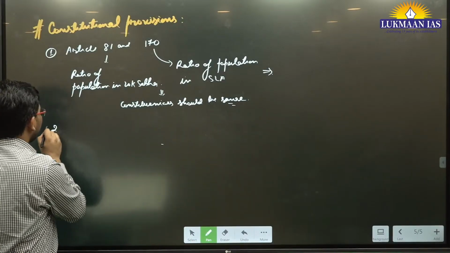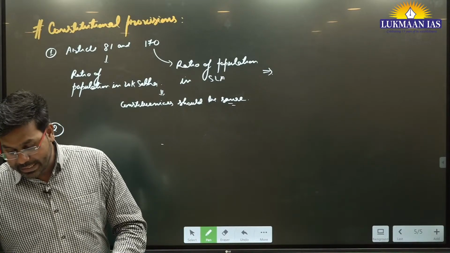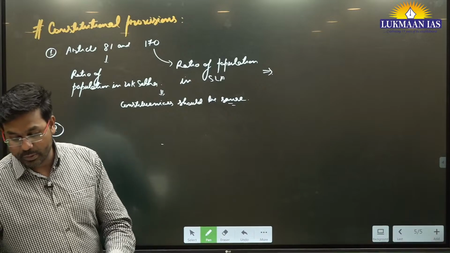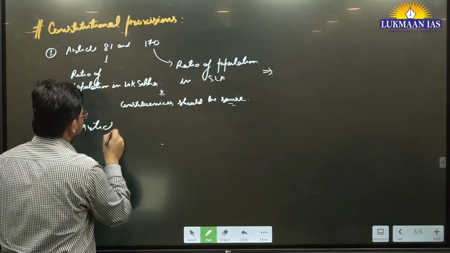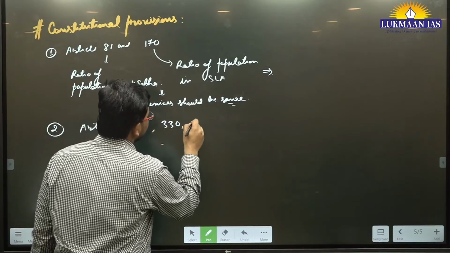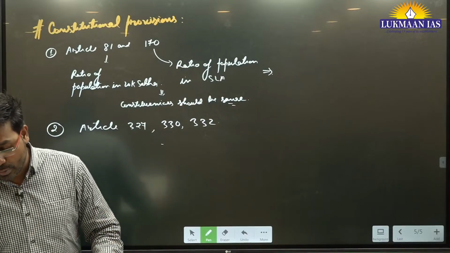Apart from this, we are going to discuss some other important things also. In this article, they have mentioned Article 327, Article 330, and Article 332 of the Constitution. So these three articles are mentioned.